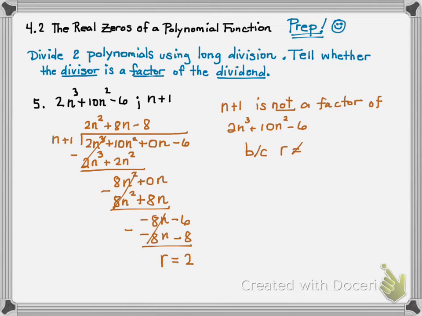And the reason why it's not a factor is because we did not get a remainder of 0. Okay, so not too bad. Let's move on to number 6.